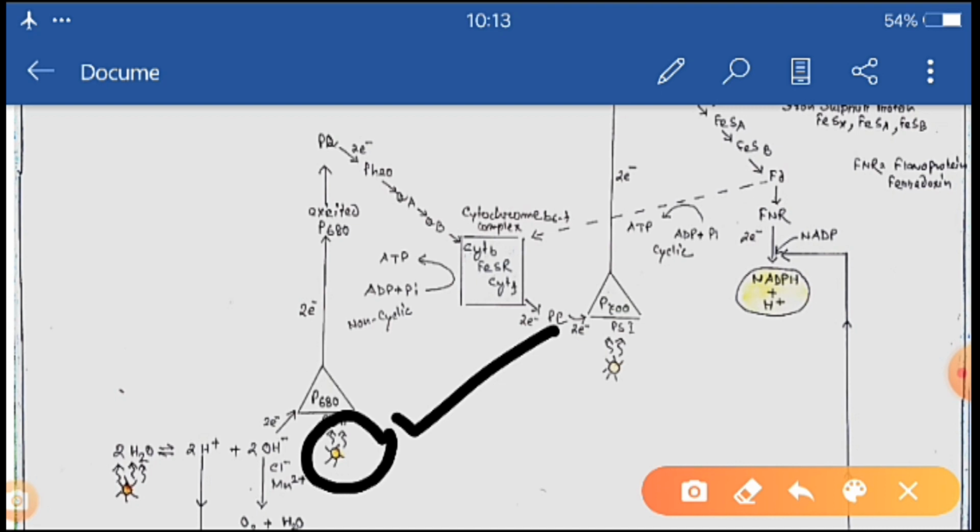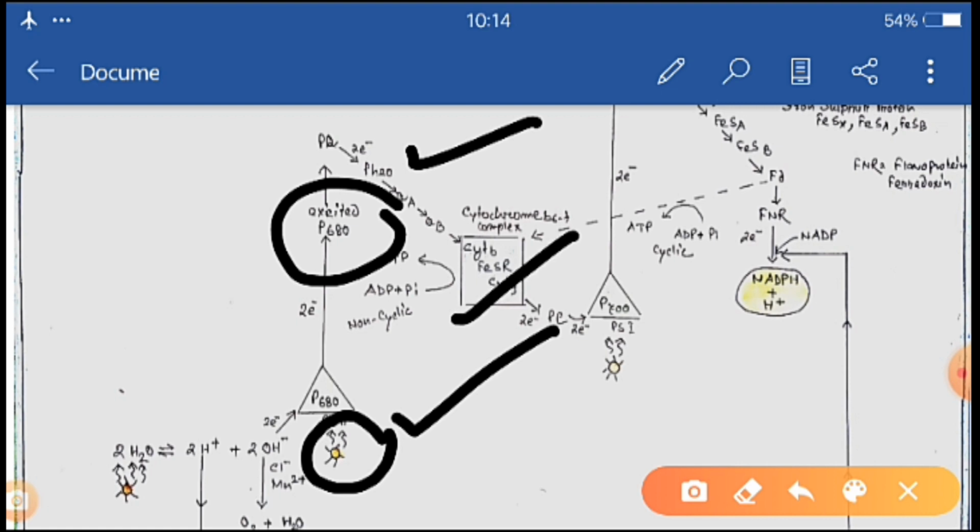That is, the PS2 is absorbing photon particles, and by absorbing these photon particles it will get excited, and excited P680 will release electrons, and these electrons will go to pheophytin and then to cytochrome B6F complex via plastoquinone A and B.